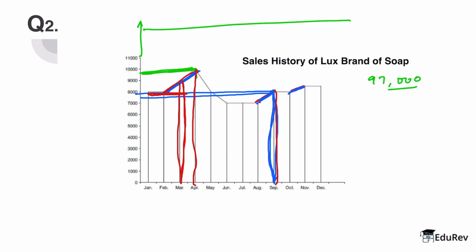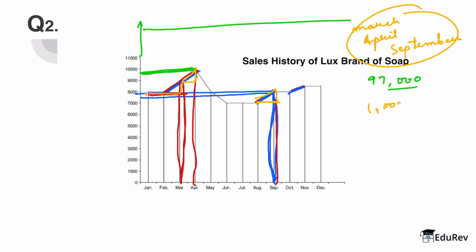You can see from 8000 to 9000, then 9000 to 10,000, and from 8 to 9. So all these three months, March, April and September, show an increment of 1000 units, which is the highest increase.